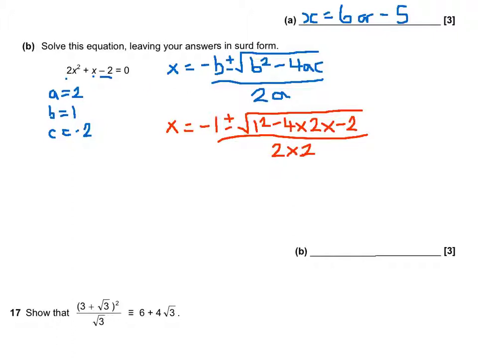So now we just need to clear this up a little bit. We've got x equals minus 1 plus or minus the square root of 1 squared is 1, minus 4 times 2 is 8, times minus 2 is minus 16, over 2 times 2, which is 4.